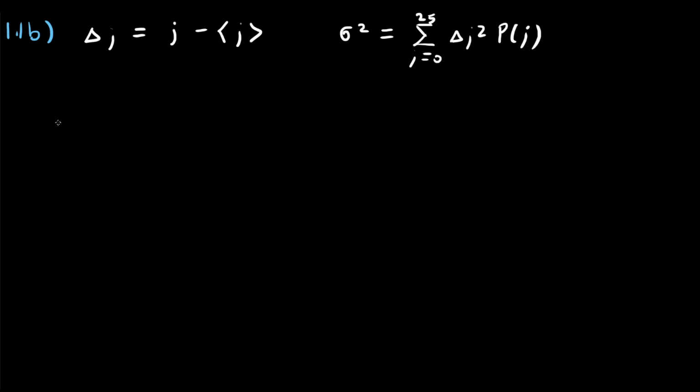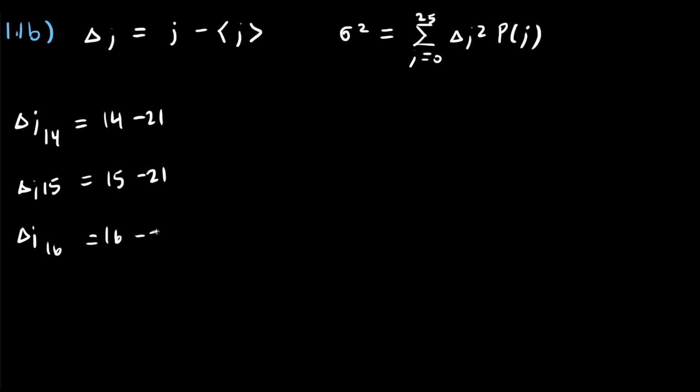Now we have to compute all of the delta j's. So delta j of 14 is equal to 14 minus 21. Delta j of 15 is equal to 15 minus 21. And we'll do that for the rest.